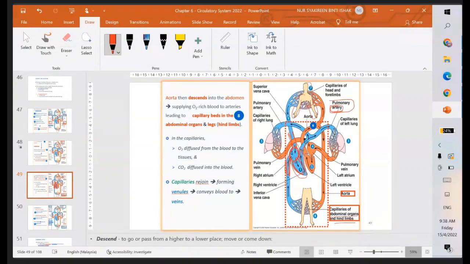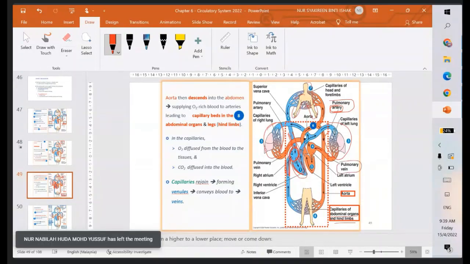So it goes to the pulmonary circuit, and from that pulmonary circuit, oxygen will enter into the blood, becoming oxygen rich blood. Sorry, I highlighted the wrong thing here, to the pulmonary circuit. Okay, and then it returns back as oxygen rich blood, entering the heart through the pulmonary vein.